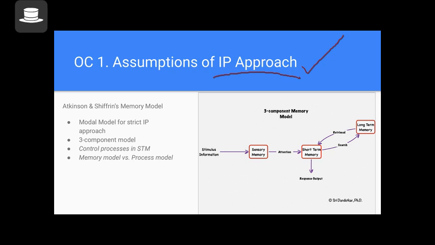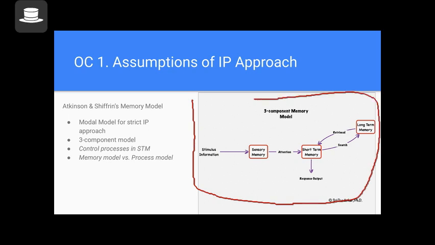Again, I want you to clearly understand the subtle distinction between the strict IP approach and the IP approach. We follow the basic IP approach even now, despite the fact that we're using the cognitive science approach. What we don't follow now is the strict information processing approach. The assumptions of that strict approach are what we'll talk about now.